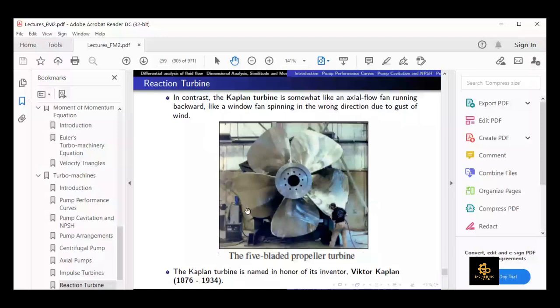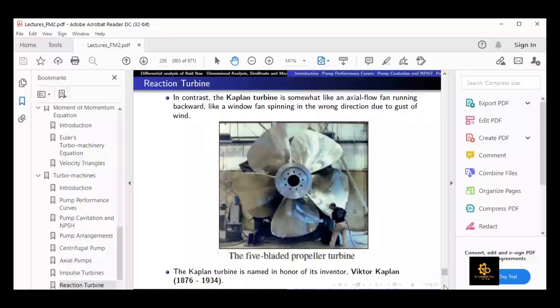But for the Francis turbine, the head requirement is a little bit more. If we see the head requirement, the maximum head is required by the Pelton wheel, then the second most head requirement is for the Francis turbine, and then the minimum head requirement is for the Kaplan turbine, right?